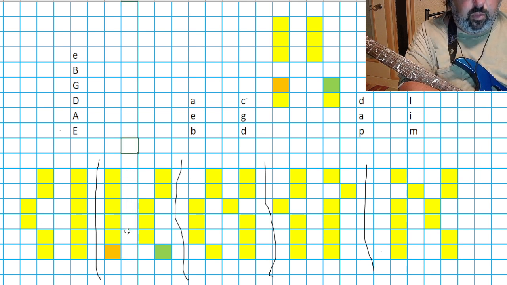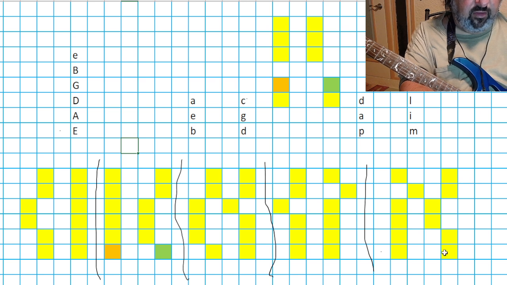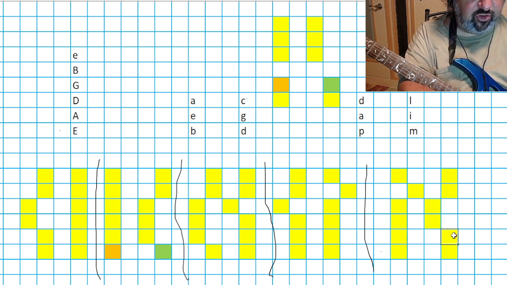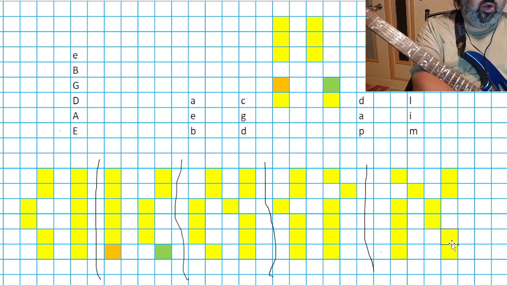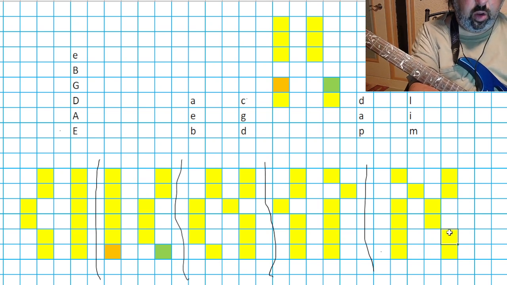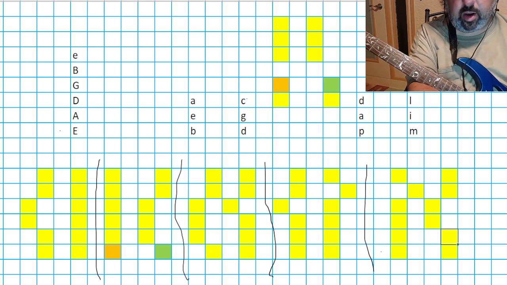So minor and major. Well, check out this. Look at this scale over here. Now this scale has the bottom two. Once again, this would be major. Oh my lord. Where are my colors here? So we got green there.